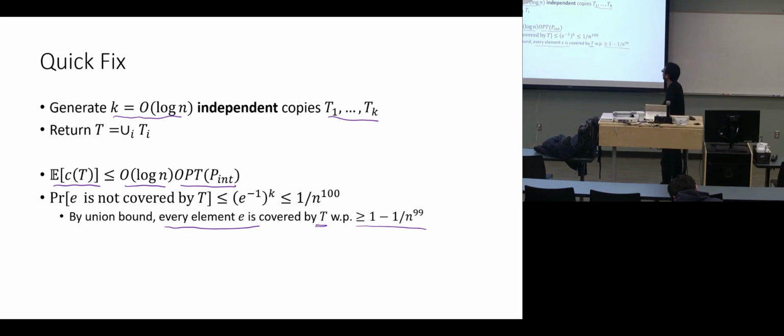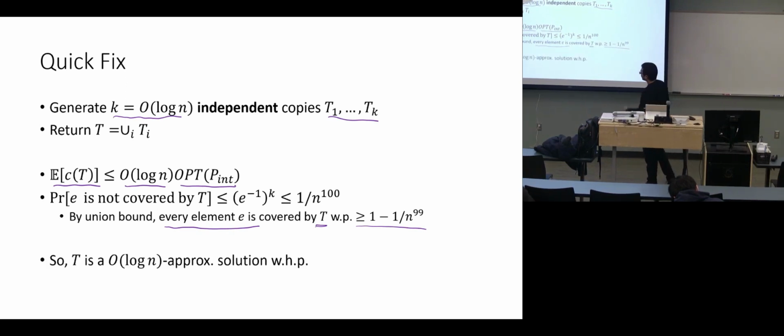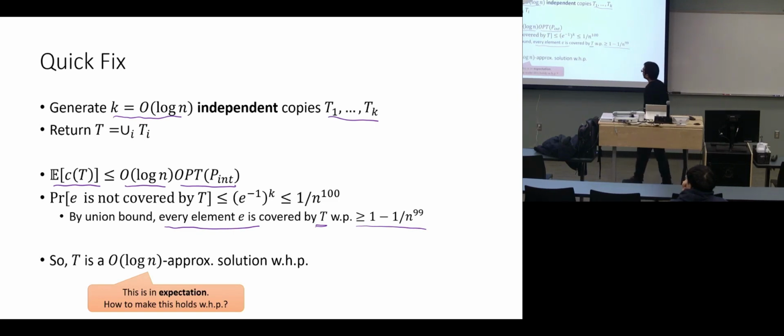So what do we get now? We get that T is a log n approximate solution with high probability. Okay, but note that this bound is just within expectation, right? We get this with just expectation.